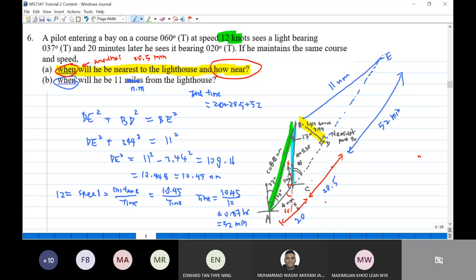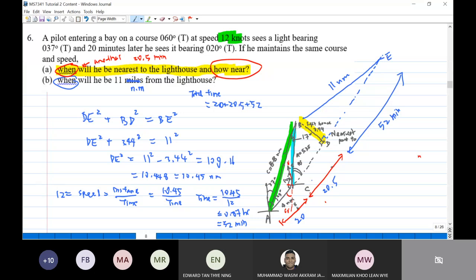So you add 20 plus 20.5 plus 52. You get how much? I think I got something wrong. Okay, 92. Did I make a mistake somewhere here?